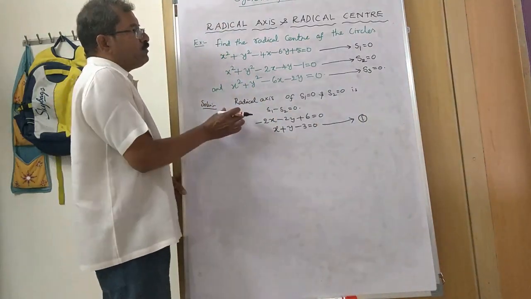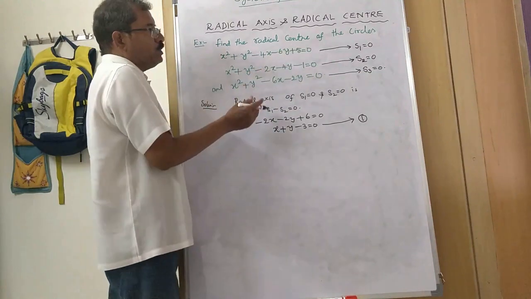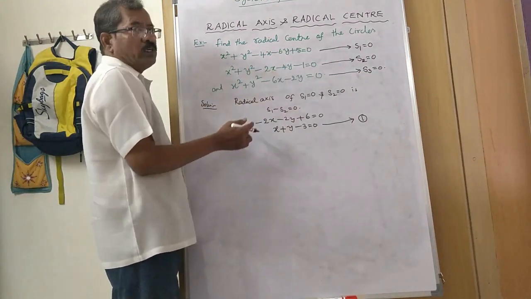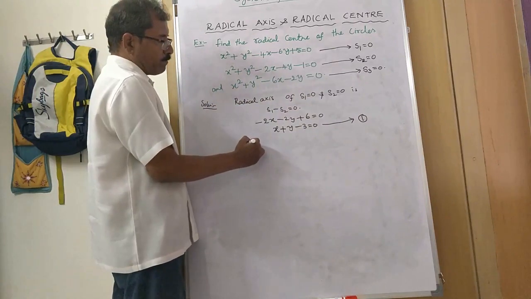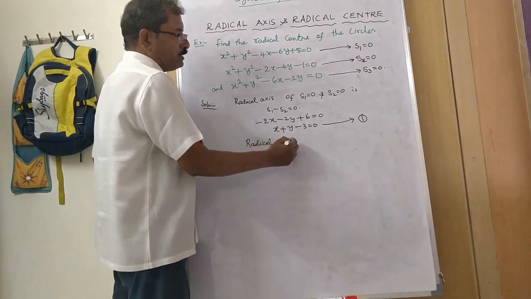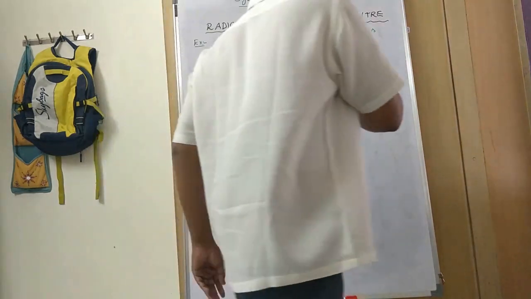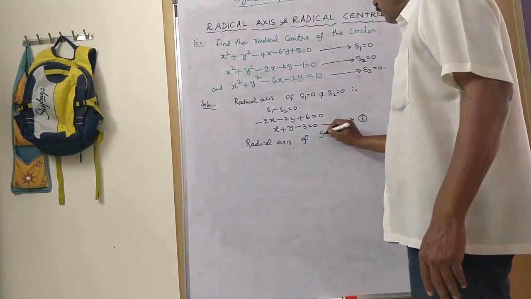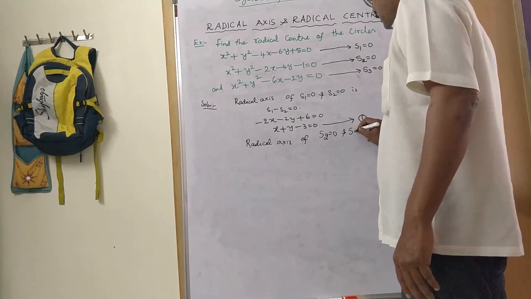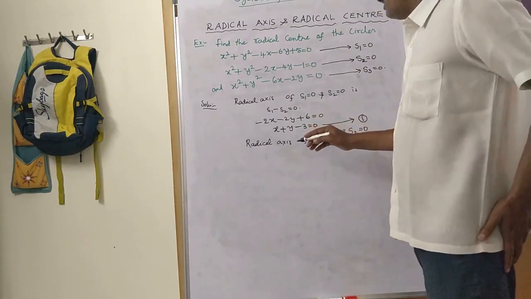Right. After finding the radical axis between S1 and S2, I am going to find the radical axis between S2 and S3. Radical axis of S2 = 0 and S3 = 0. You can find any. Alright.